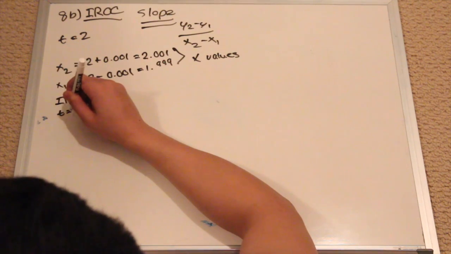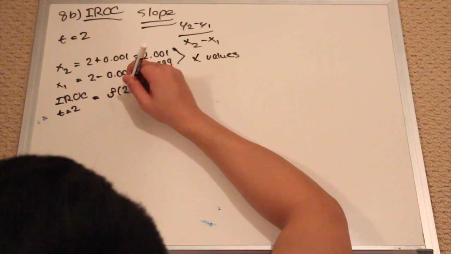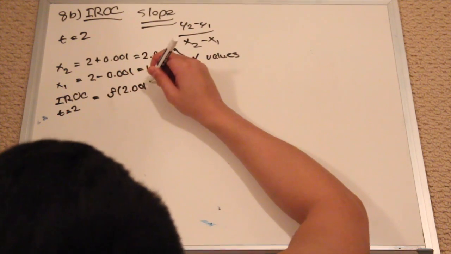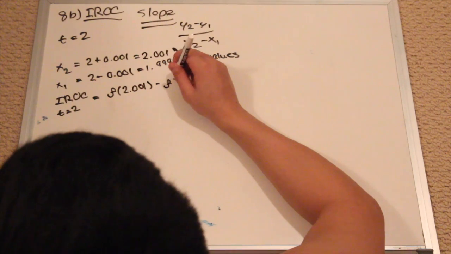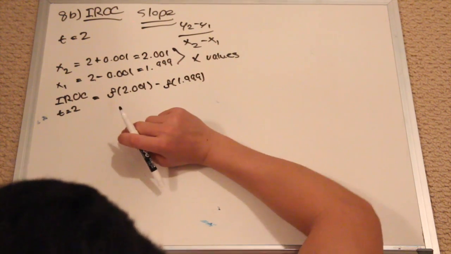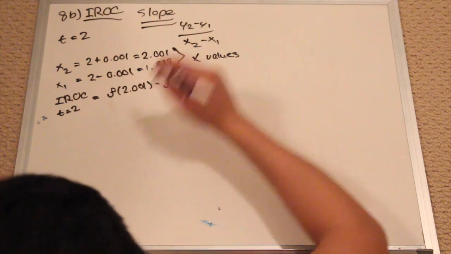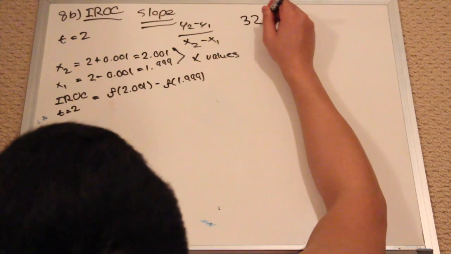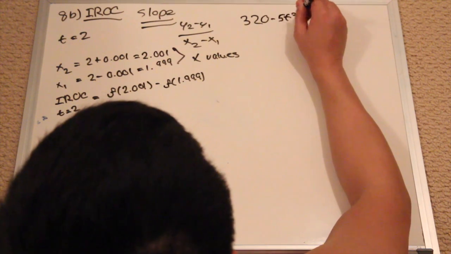at t equals 2 is equal to f of 2.001 minus f of 1.999. Oh yeah, almost forgot. A key component of answering a question like this is always to write the equation down so you're able to go back to it whenever you need to.